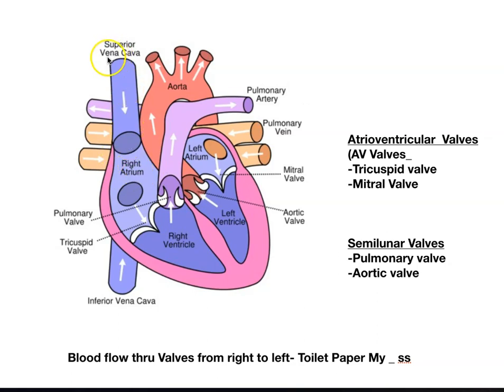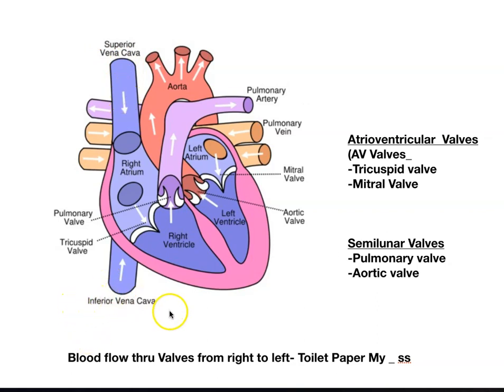It is bringing all the deoxygenated blood from all the tissue organs above the diaphragm. So everything above the diaphragm, your brain, your head, neck, thoracic cavity, arms, everything that is above the diaphragm is being taken into the superior vena cava.